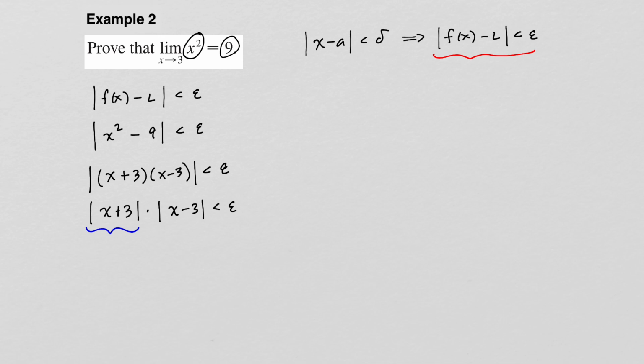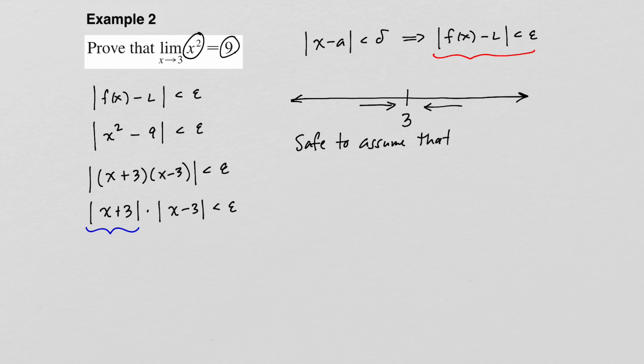So let's go to a number line. Now we know that we're taking the limit as x approaches 3, and we're approaching 3 from either the left or the right. And since we're approaching 3, it is safe to assume that the number x will be within 1 unit of 3 at some point.